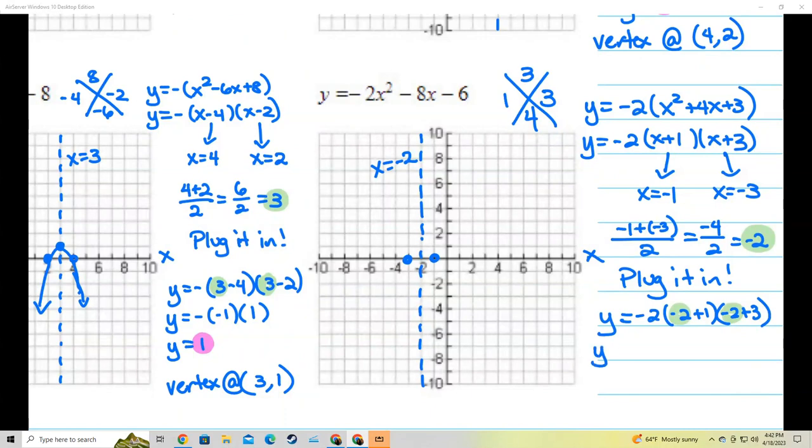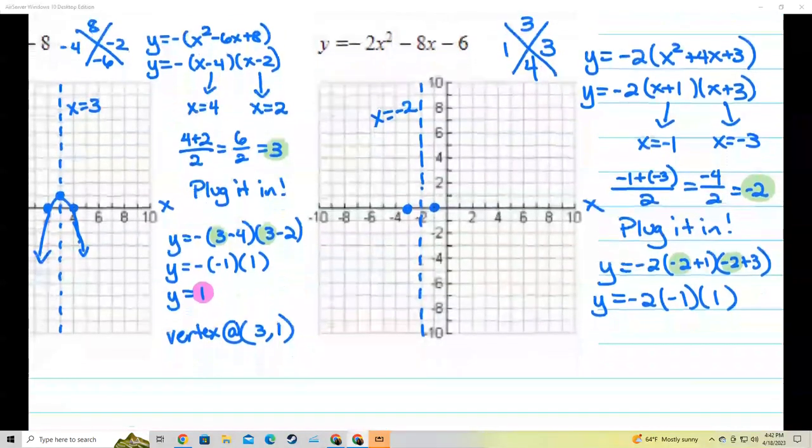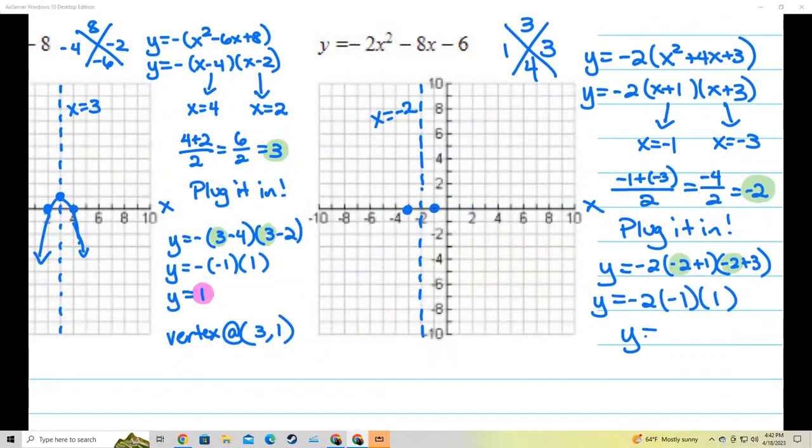So this is y is equal to negative 2 times parentheses negative 1 times positive 1. Negative negative turns into a positive, so you get y is equal to positive 2 when you multiply everything together. That means my vertex must be at negative 2 comma 2. Negative 2 comma 2, put a dot, and I get to sketch the rest of my graph.